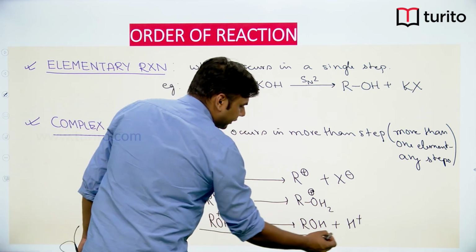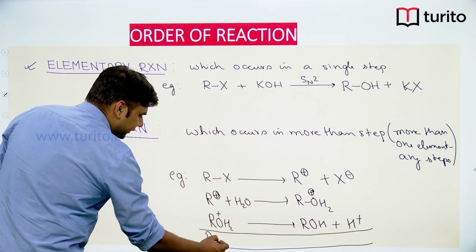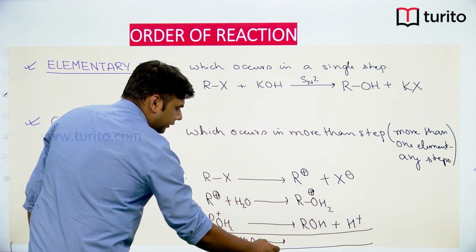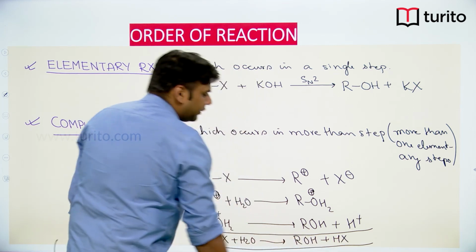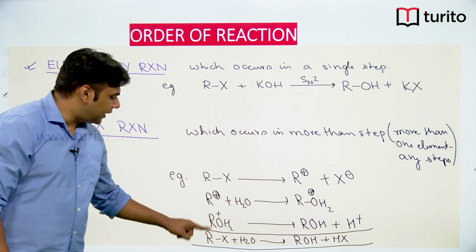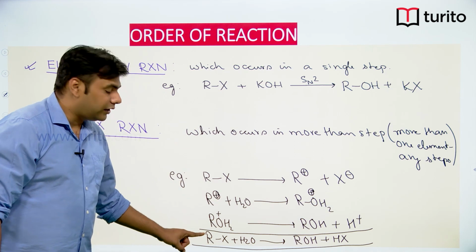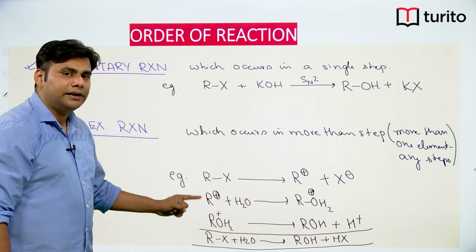If I add all these steps I get the overall reaction: RX plus water forming ROH plus HX. This reaction is not a single step reaction, not an elementary reaction. It is made up of three steps.